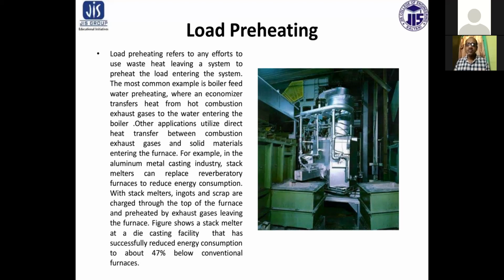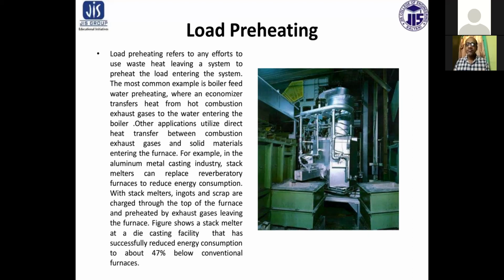So that means direct utilization. In case of direct utilization, the solid material, while entering the furnace, absorbs heat from the exhaust that has already been heated, and that heat energy we could not utilize further.